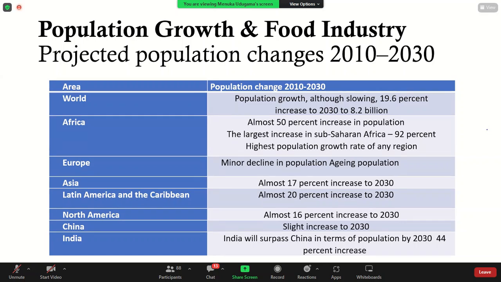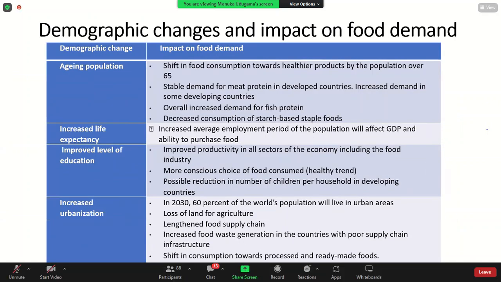One is it will change with the population. Population is ever-growing, and in certain parts of the world you will see more senior citizens because the age population would be greater in certain parts, and if there are more, then there will be more focus on healthy products, healthy options.